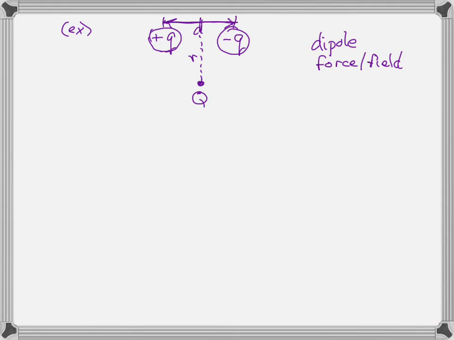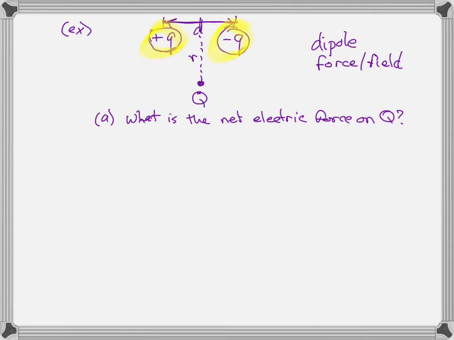Well, I'm going to start with the force, so part A. The net electric force on Q is going to be the force of plus Q on Q, and we're going to add to it the force of minus Q on Q. So F electric is equal to F of plus Q on Q plus F of minus Q on Q. And not divided by Q, but just Q on Q. So it's the sum of those two.